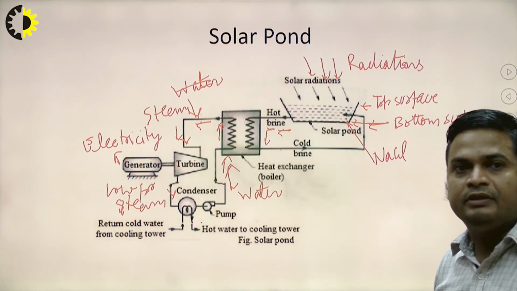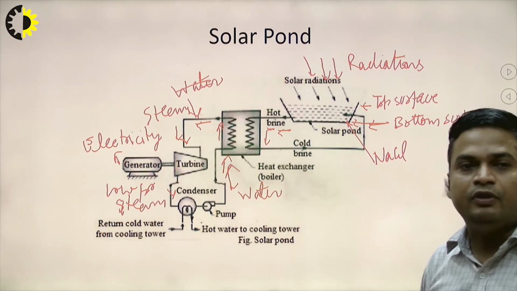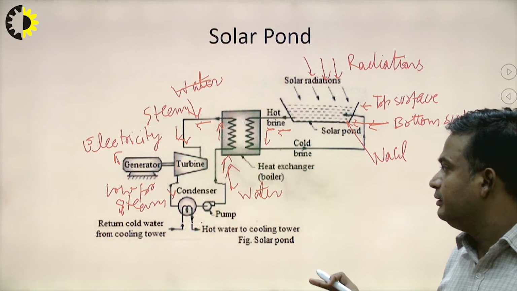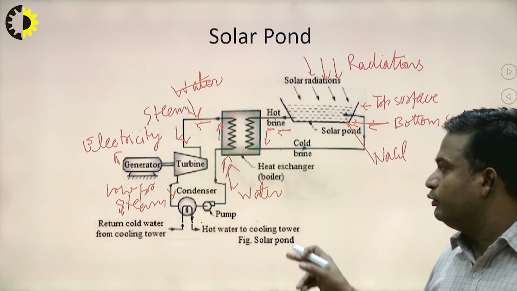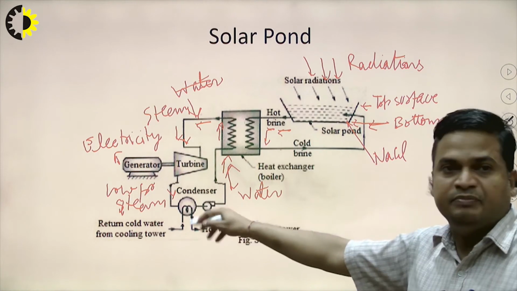The cooling tower takes the energy, the temperature of the hot water is reduced, and this cold water is sent back to the condenser, so the cycle is repeated.